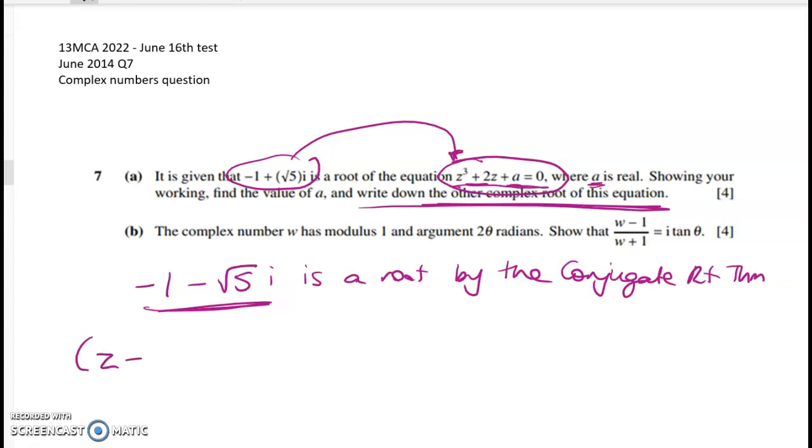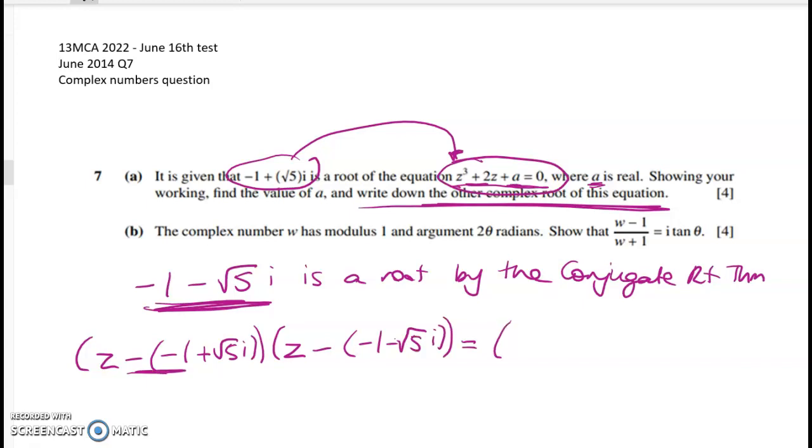So we know that this is a factor, so z minus (-1 plus root 5i) is one factor, and this one here will give me the other one. So z minus (-1 minus root 5i) is also a factor. I'm going to clean that up and get my real and imaginary together. So we've got (z plus 1 minus root 5i) times (z plus 1 plus root 5i).